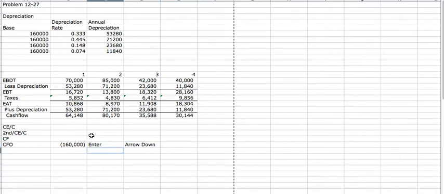I'm going to arrow down, and I have C01. C01 is going to be my first year cash flow at $64,148. So I'm going to type $64,148 into my calculator, enter, and then arrow down.